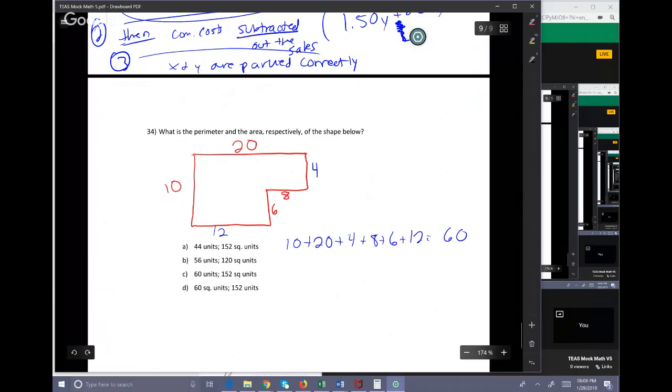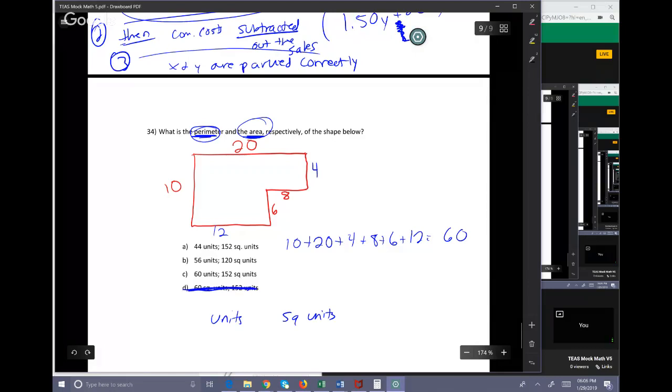As a quick side note, I took D out right away because I need to have perimeter, then area. So I need to have units, and then square units. You know before you have any numerical information that perimeter is measured in units, area in square units. That takes D out because they don't have the square units part.